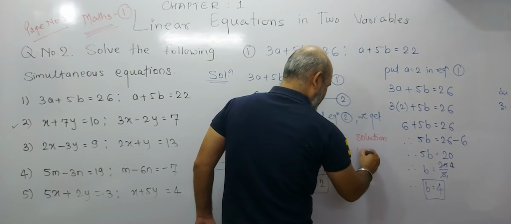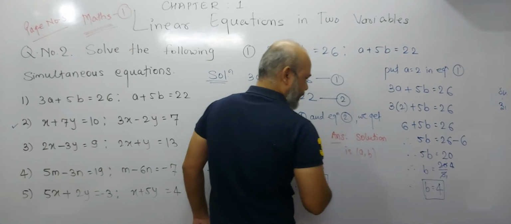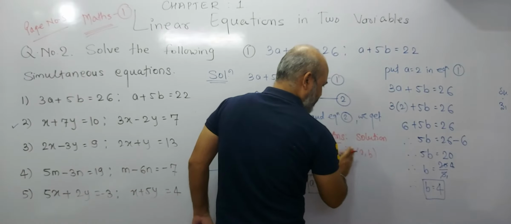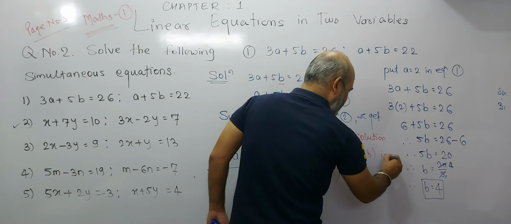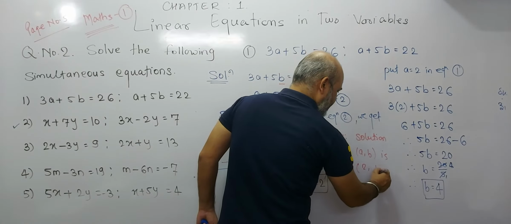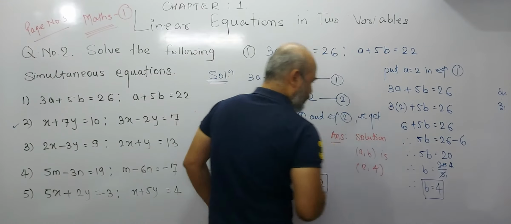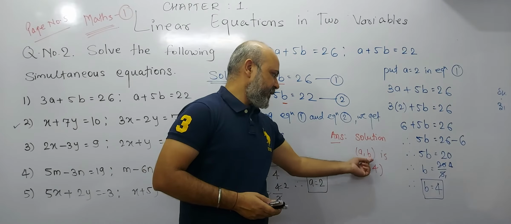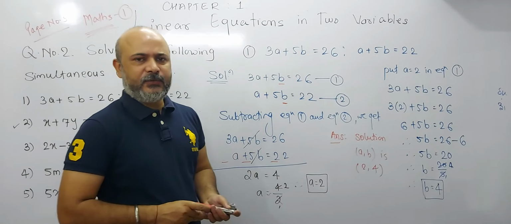Solution is a comma b. Solution a comma b is what, student? What is a? a is 2 and b is 4. So always you will write the answer. What is a? a is 2, and what is b? b is 4. Clear, friends?